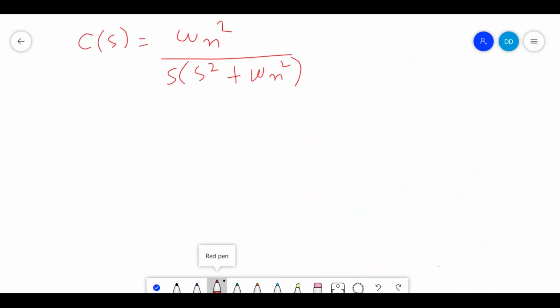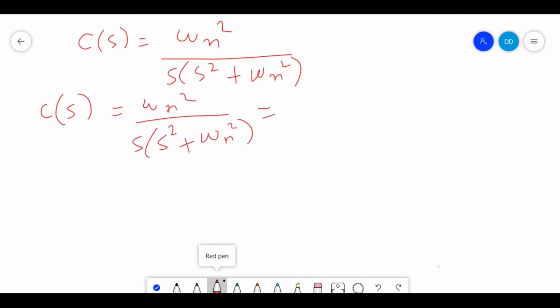Since this C(s) is not in the standard form, we go for partial fractions. C(s) is equal to omega n square by s into (s square plus omega n square). We write it as A by s plus (Bs plus C) divided by s square plus omega n square.